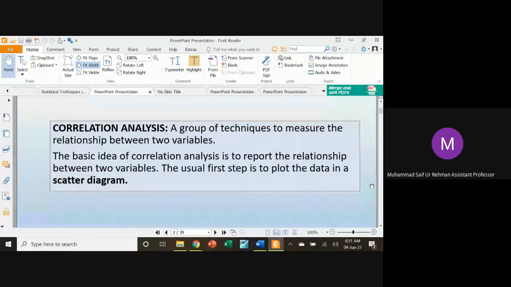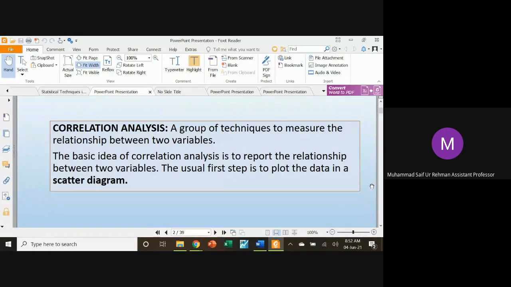So basically, if we see simple regression analysis, or if we want to see the association between any two variables, one variable definitely will be depending upon the other variable. And remember that there should be some common sense, and the relationship should be theoretically based.